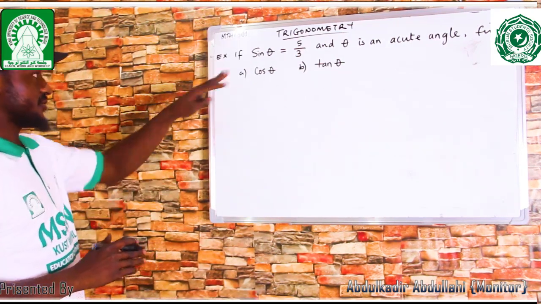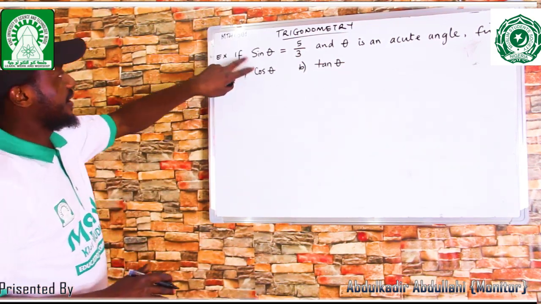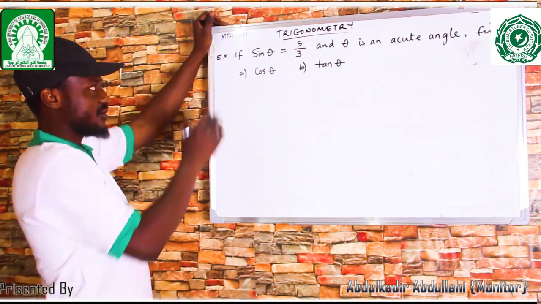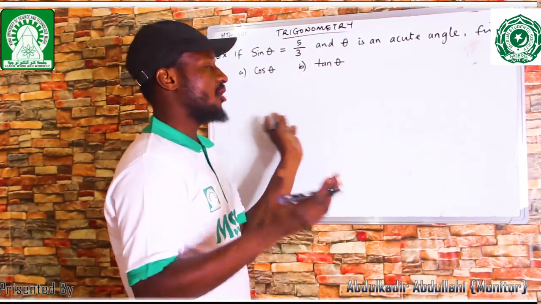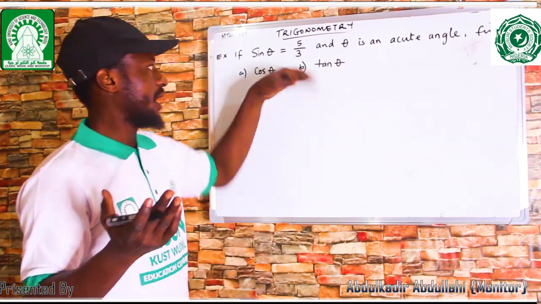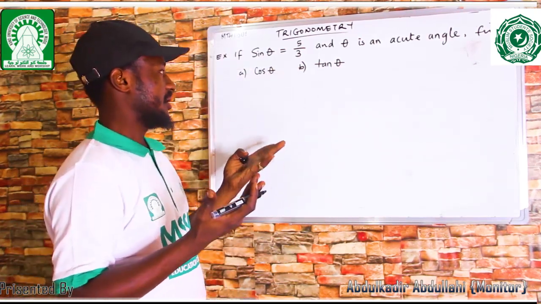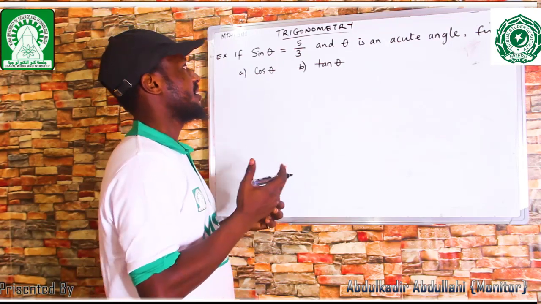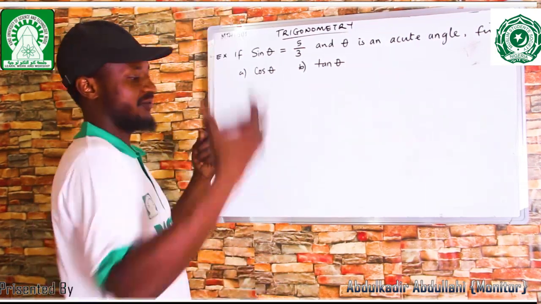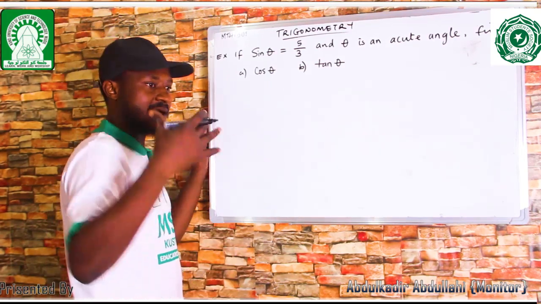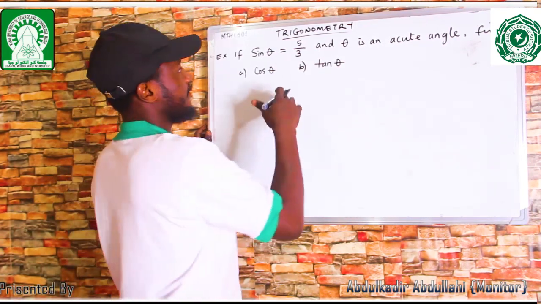Assuming we are given this, if sine theta is equal to 5/3 and theta is an acute angle, we all know what an acute angle is, an angle less than 90 degrees.